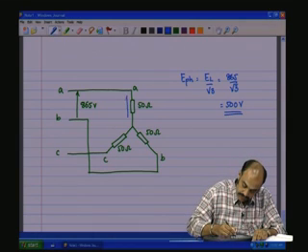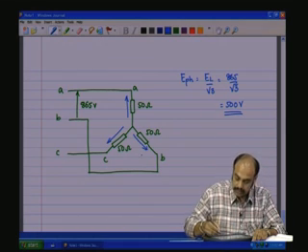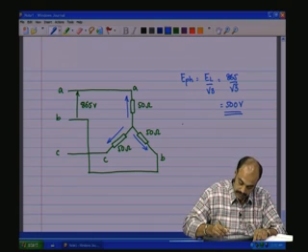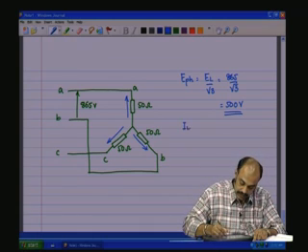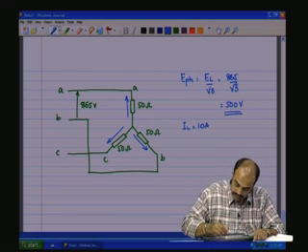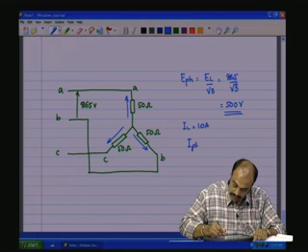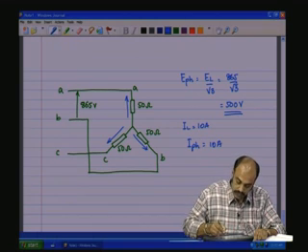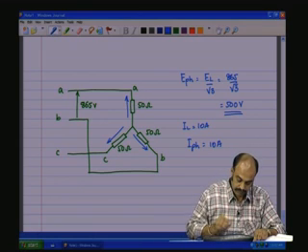Every resistor has a voltage across it of 500 volts, the phase voltage, and we know that the line current is equal to 10 amps, and through each of the resistors it is going to be the same, because in a star circuit the phase current is also 10 amps. So, 10 amps into 50 ohms, which is 500 volts.